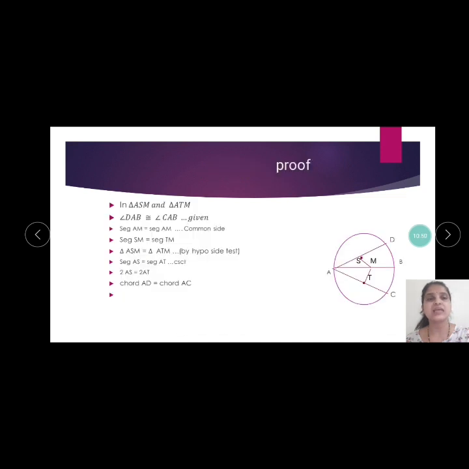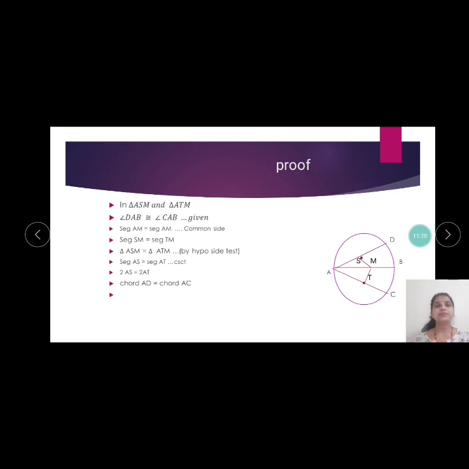The triangles are triangle SMA and triangle TMA, where SM is equal to TM, right? AM is equal to AM, common side, and angle DAB is equal to angle CAB, right? And angle ATM is equal to angle ASM, each 90 degrees.